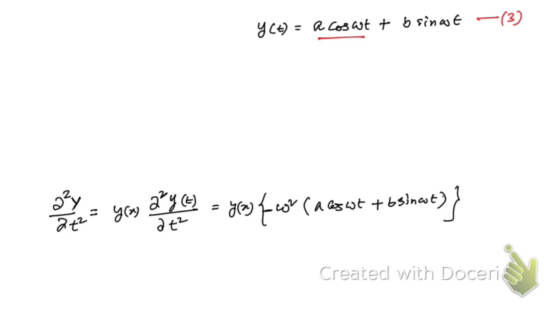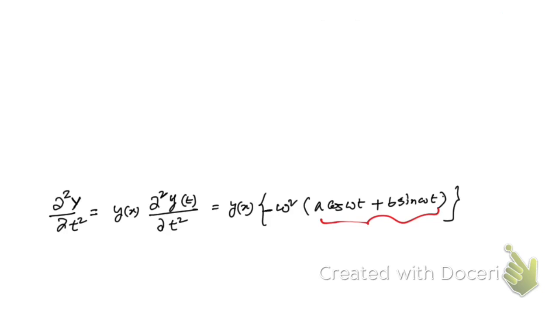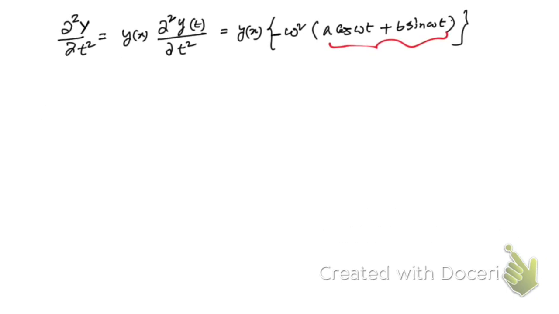Okay, now you see this part can be replaced by y of t. So that's why what we're gonna do, let me cut it and let me go here. So we can write minus is taken outside, omega square is there, omega square y of t.